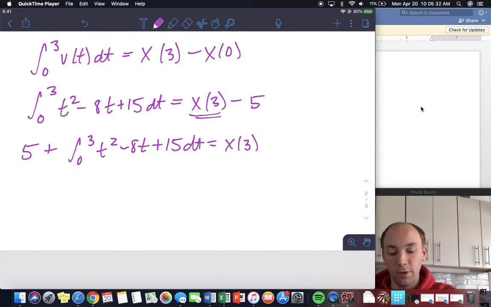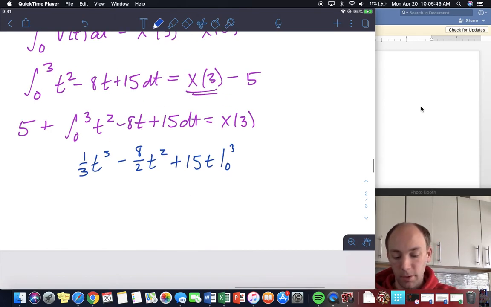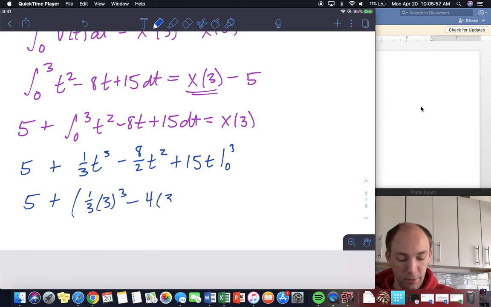All right? So let's see here. We're going to add 1 to the power, divide by the new power, minus 4 times t squared, plus 15t. Okay, so this is 5 plus all of that: 5 plus 1/3 times 3 cubed minus 4 times 3 squared plus 15 times 3.